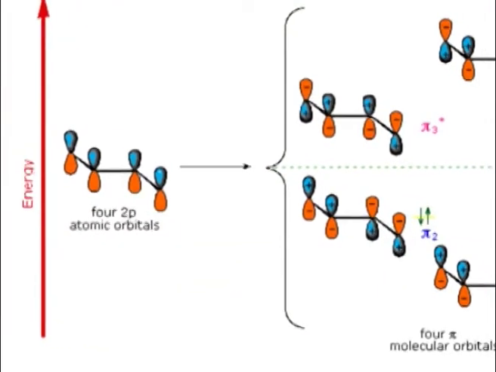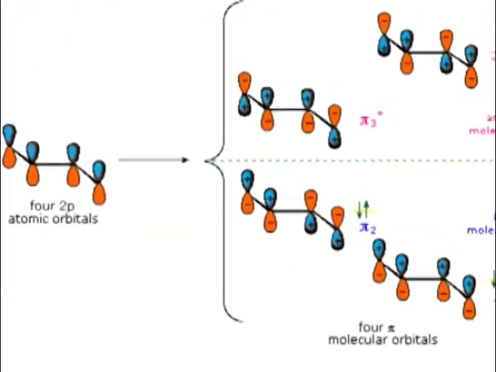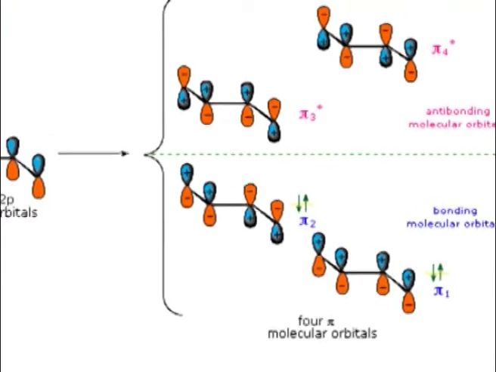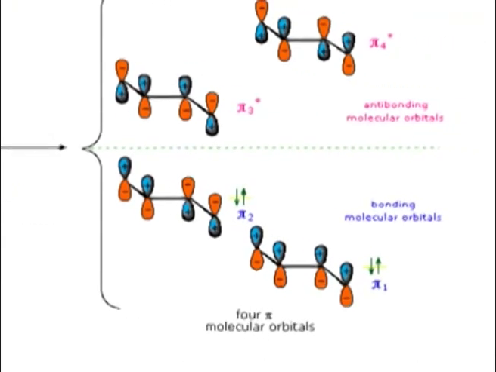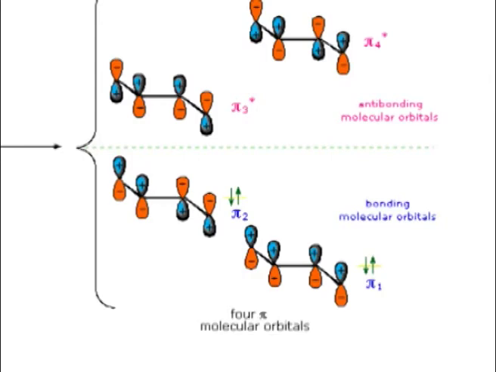Key chromophores for UV visible spectroscopy. Isolated double bond. Due to pi to pi star electronic transition, unconjugated alkenes absorb below 200 nanometer. Example, ethene shows an absorption at 171 nanometer.